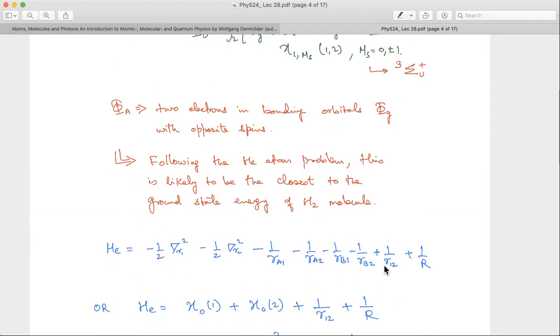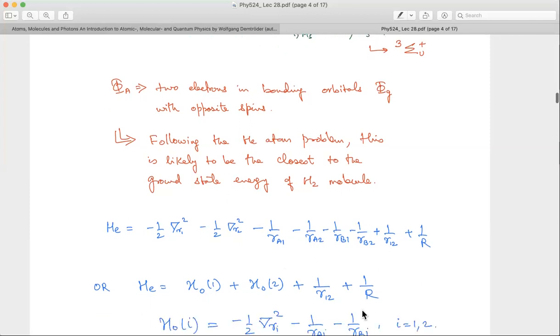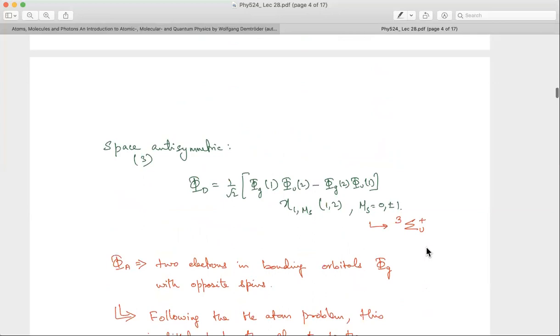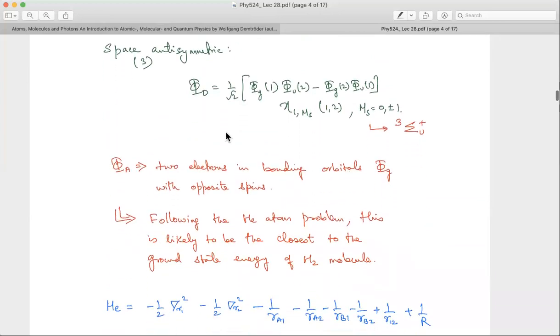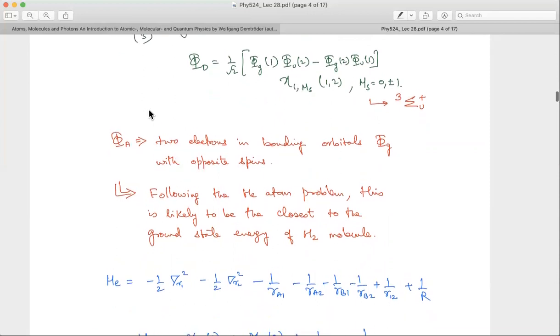So these are like guess wave functions, let's say, constructed from one electron wave functions. I can start putting them in and calculating these numbers. And then, just before we do any calculation, phi A was, 2 electrons are in the bonding orbital phi g with opposite spins. So that is what I would expect the ground state to be, right?